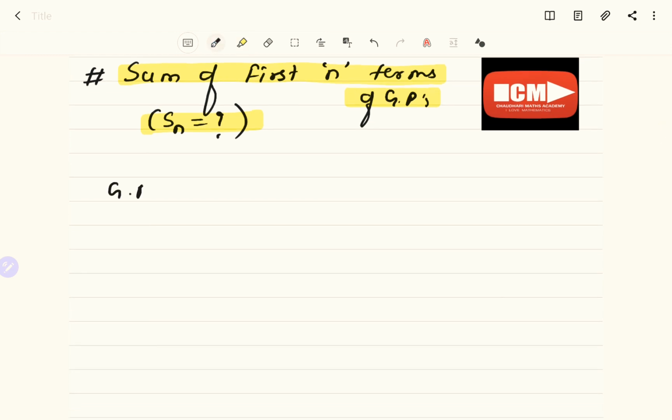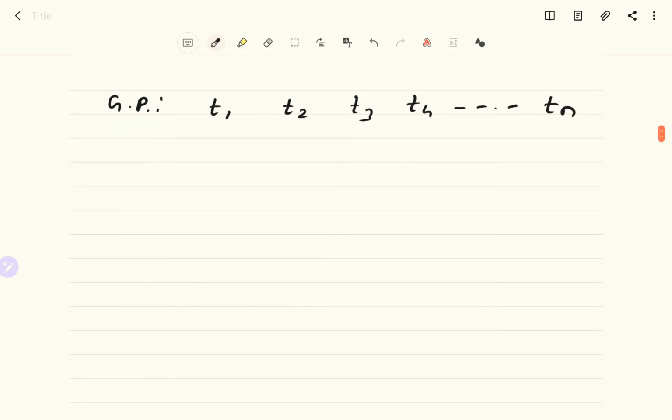If I say a geometric progression is with the terms T1, T2, T3, T4, and so on up to the nth term, let's say Tn, n may be anything. If they say n is 7, then it will reach up to T7, that is 7 terms. If I say sum of n terms, symbolically it is Sn, and sum indicates addition.